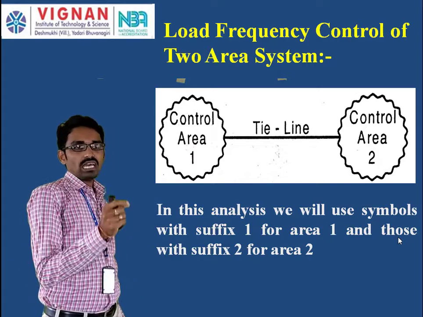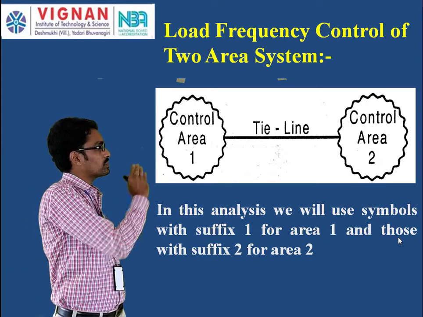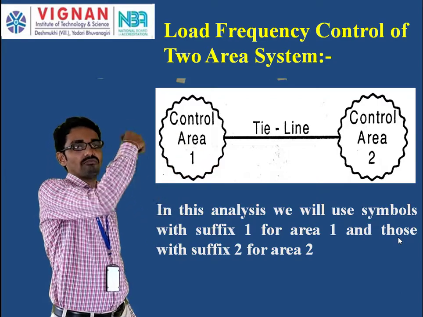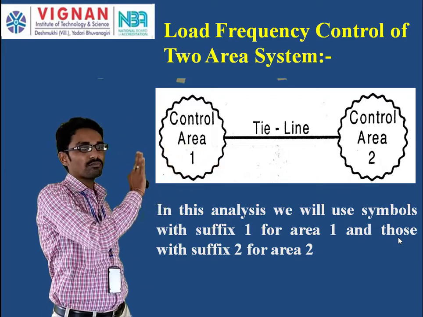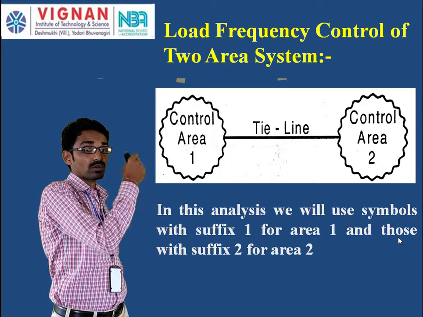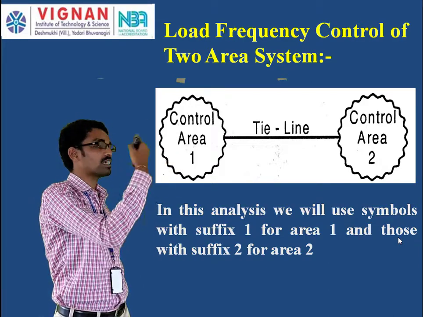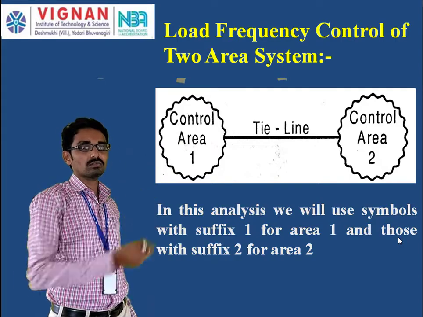It may be from control area 1 to control area 2 or control area 2 to control area 1. Wherever you have a deficit amount of power, at that particular location we are going to transfer the power from the other control area.